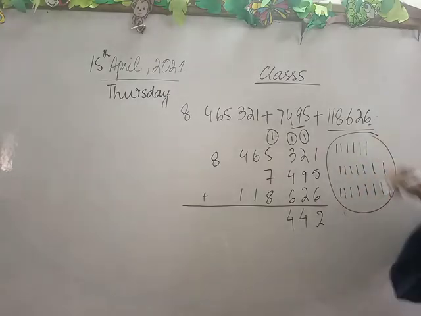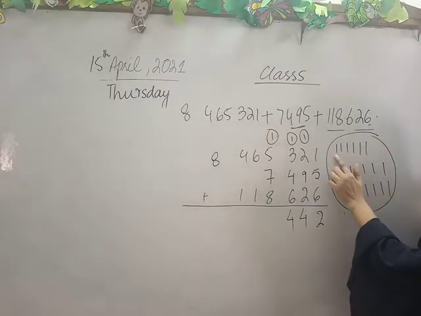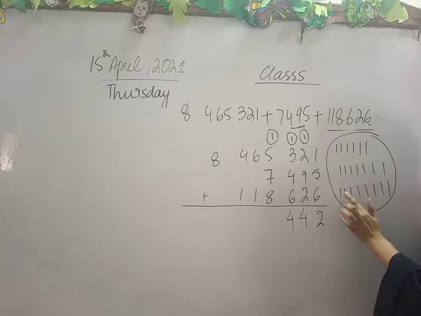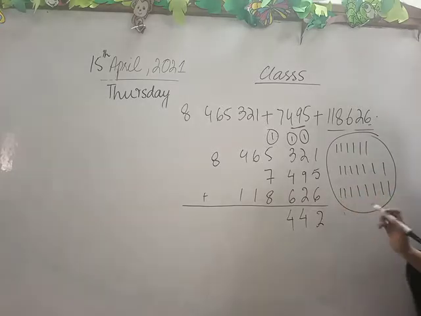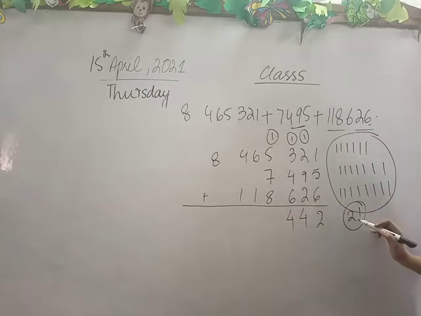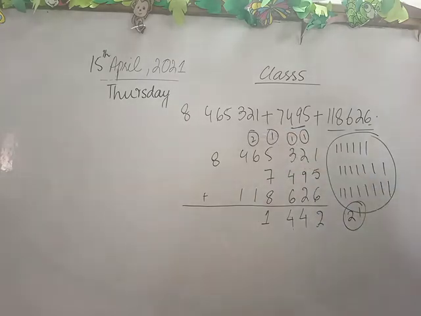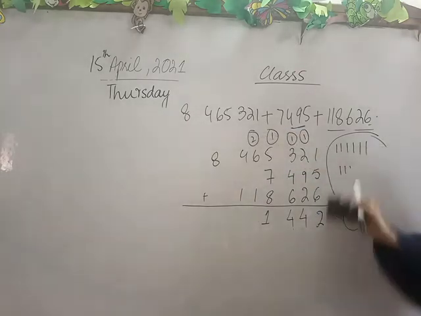So in total I have 21. Okay class, 21 in total. So this is a 2-digit number, so I will write 1 at unit place below 8 and 2 as a carry.